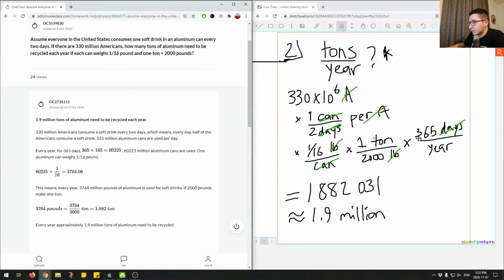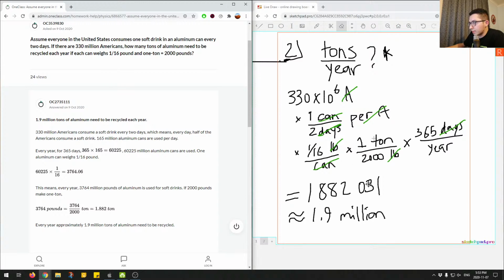That's what we do over here. It's 365 per year. And then they have 1 aluminum can weighs 1 over 16, and we multiply by 1 over 16. This is what we have over here. And this means for every year, 3 billion essentially pounds of aluminum is used for soft drinks. This is in pounds. We want to convert it to tons, so we divide by 2,000.